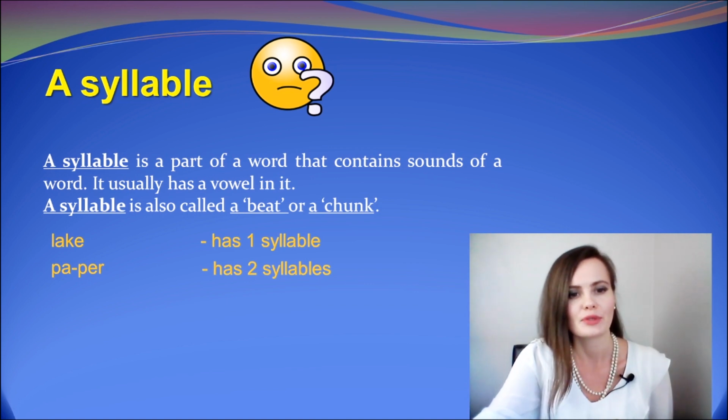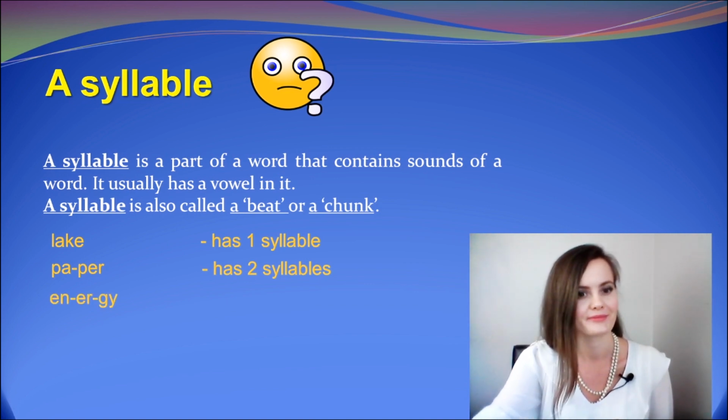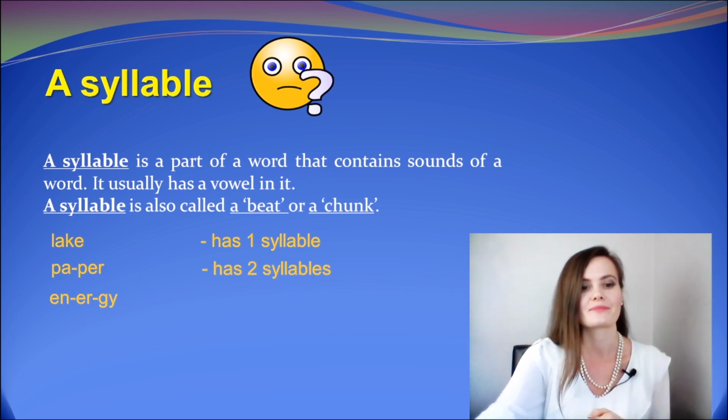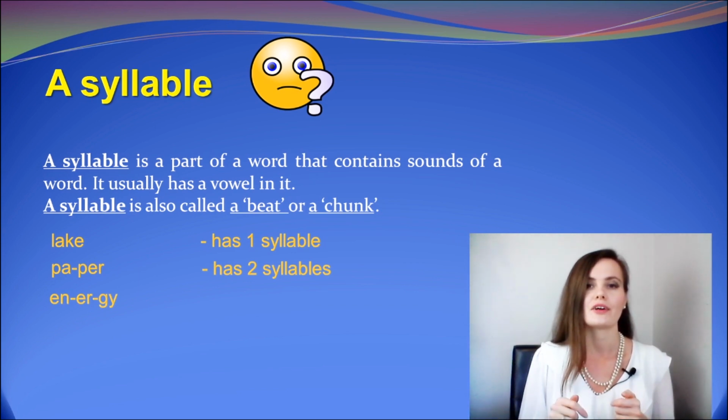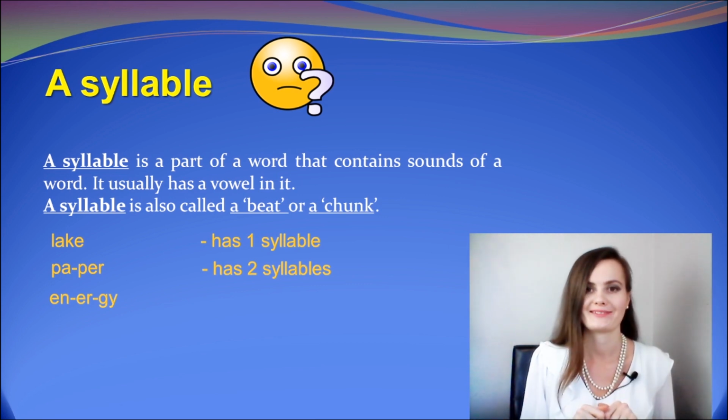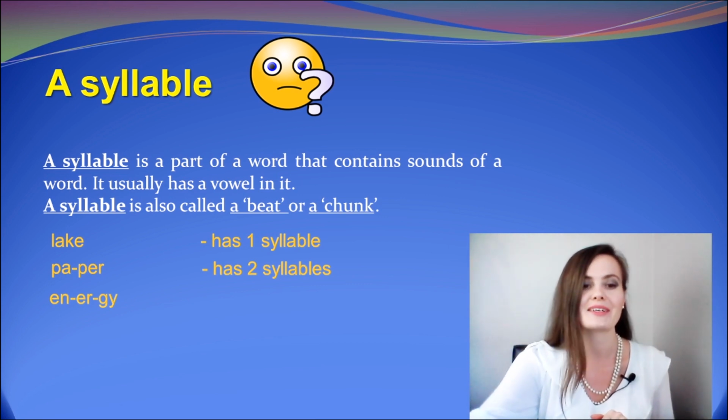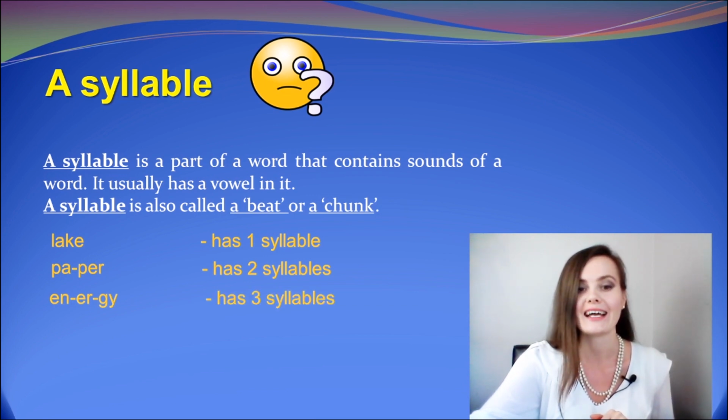Let's look at the next word. Energy. So let's split it into the syllables. En-er-gy. Energy. So how many syllables does this word have? You're right. It has 3 syllables.